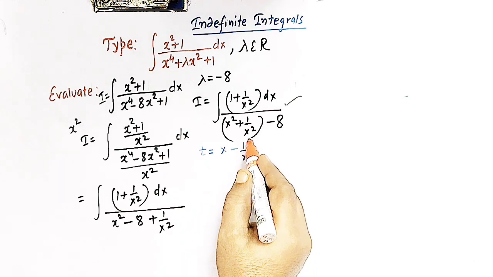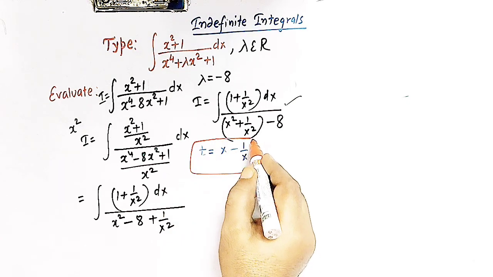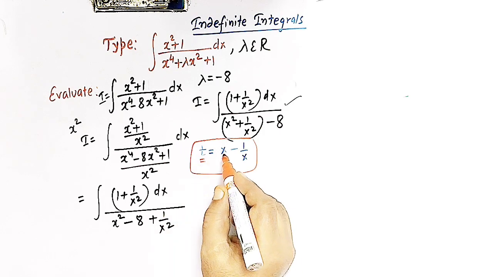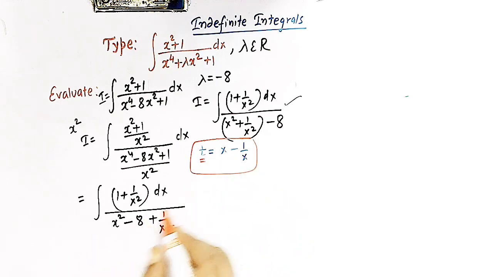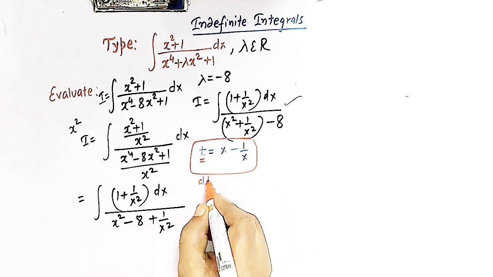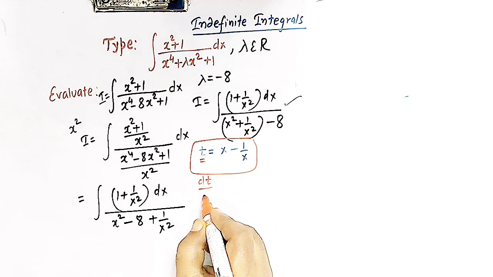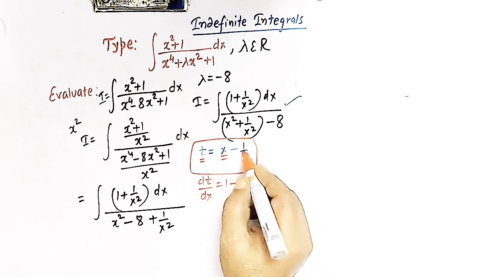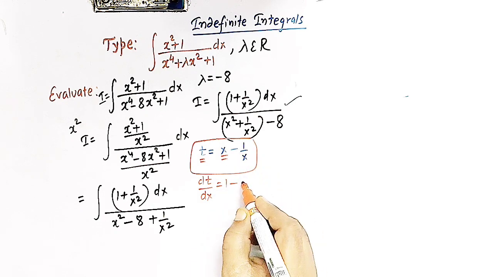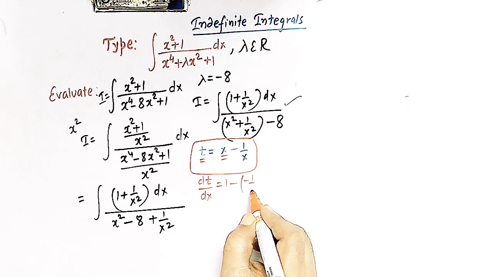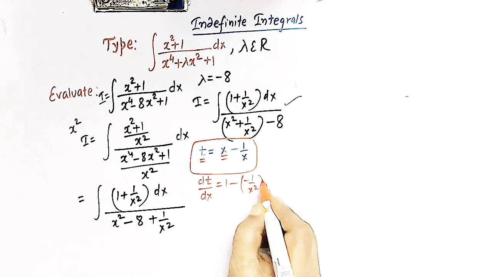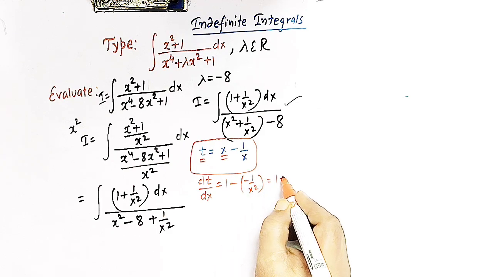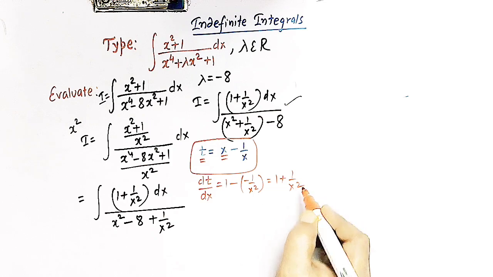We assume this substitution, t is equal to x minus 1 over x, because when we find the derivative of t with respect to x, the derivative of x is 1, and the derivative of 1 over x is minus 1 over x square, so this becomes 1 plus 1 over x square.